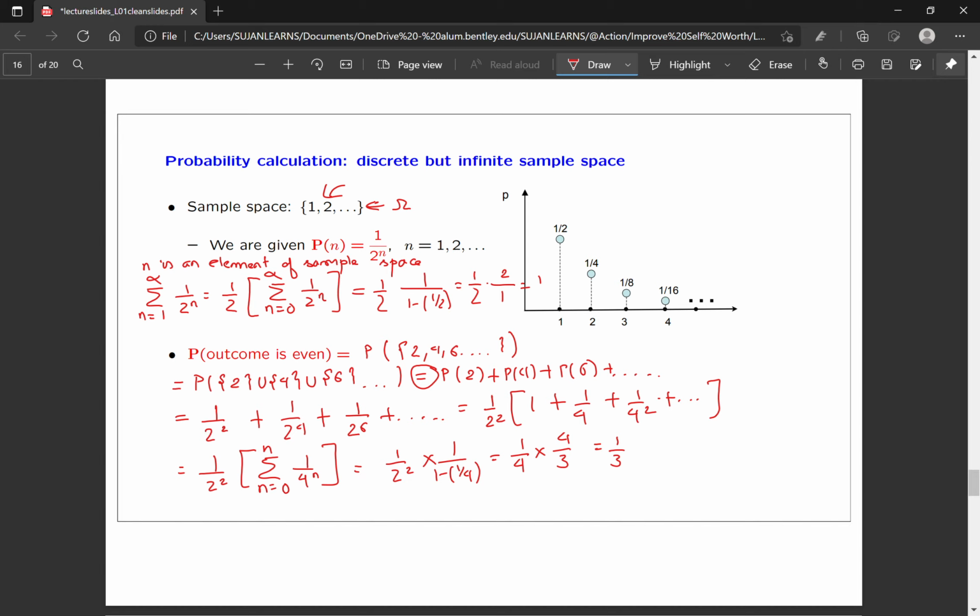Therefore, we cannot conveniently use the additive property here. It's not really allowed. On one hand, we really want to use the additive property here, but on the other hand, we cannot use it. Therefore, we need to introduce one additional axiom that would allow this kind of calculation.